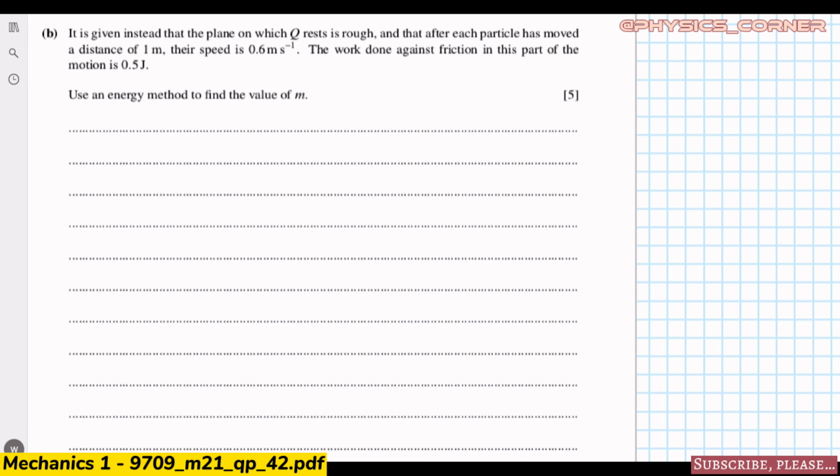The work done against friction in this part of the motion is 0.5 joules. Use the energy method to find the value of M.